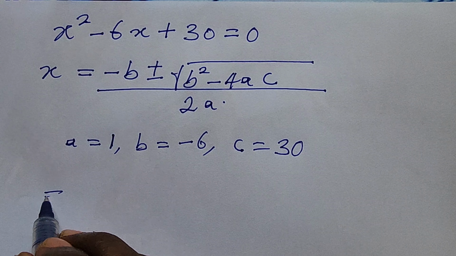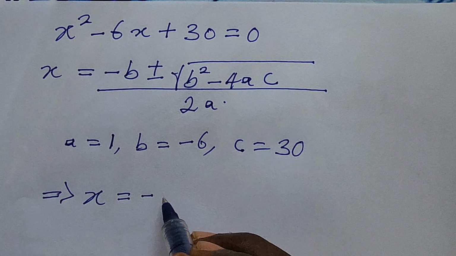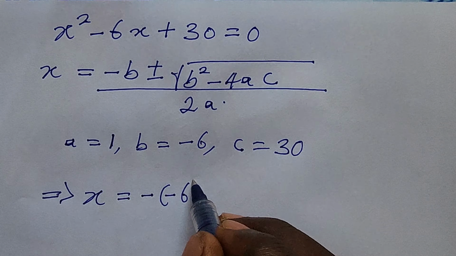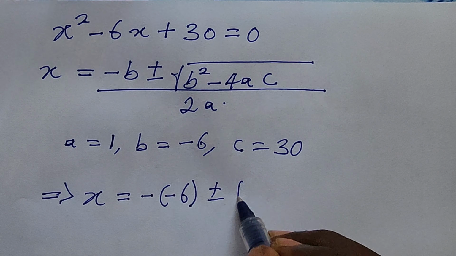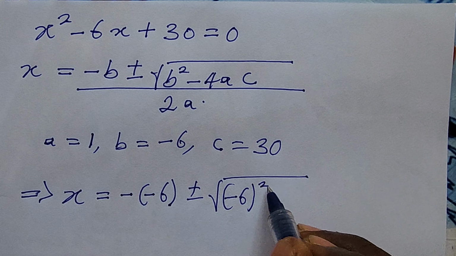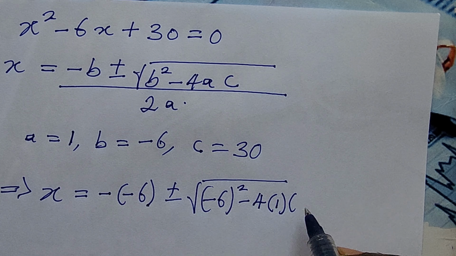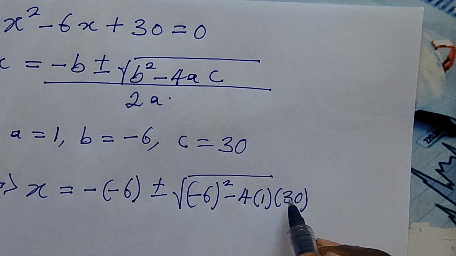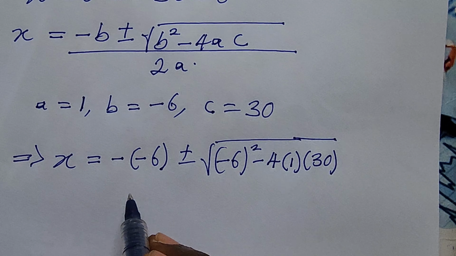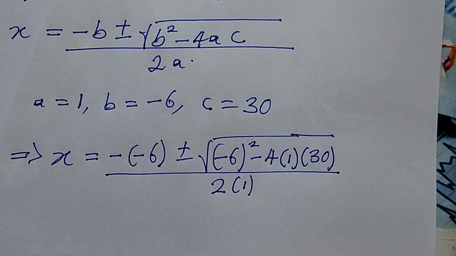Substituting this, x is equal to minus (minus 6) plus or minus the square root of (minus 6) to the power of 2 minus 4(1)(30), all over 2 into 1.